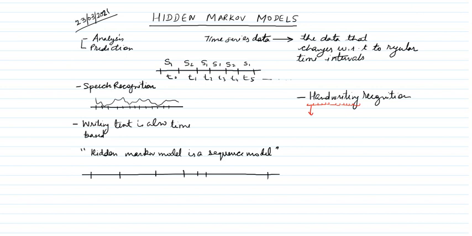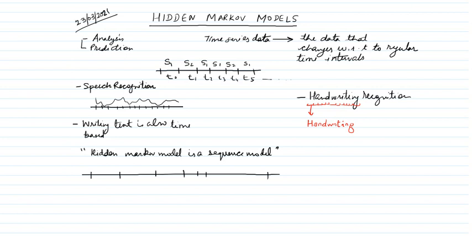This is handwritten text, and that can be converted into digital text, something like this. Because this is also a sequence of letters. So these are problems specifically related to NLP.